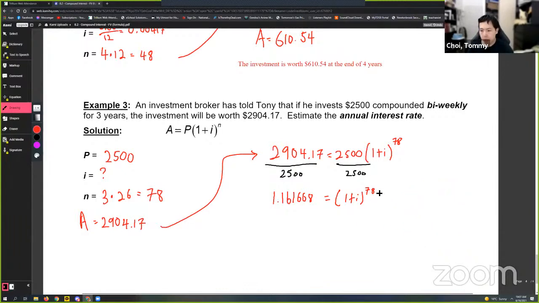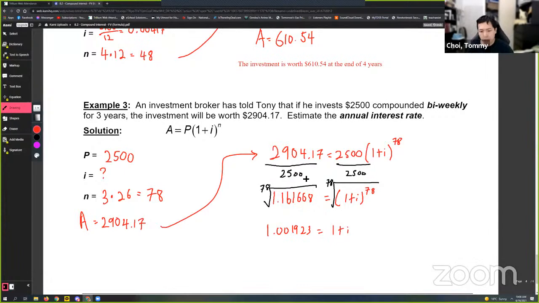To get rid of your exponent, you do the nth root, which in this case is the 78th root to get rid of it. That's going to allow you to get rid of that exponent, and that gives you a value where 1.001923 is equal to 1 plus I.